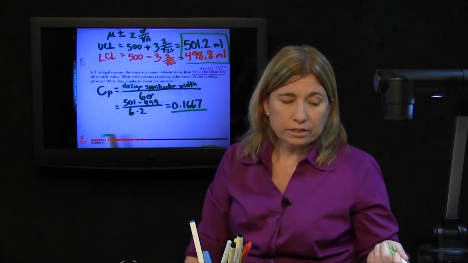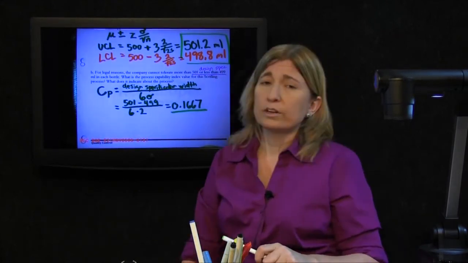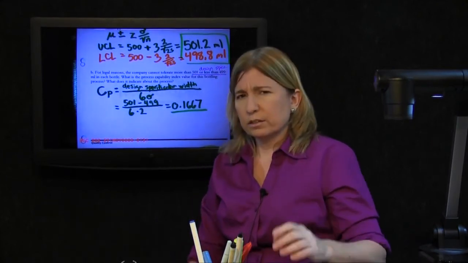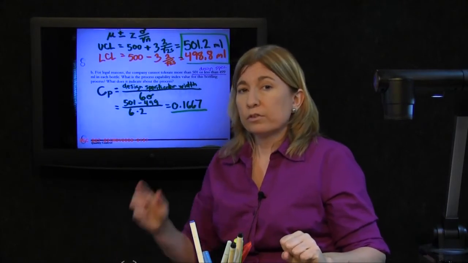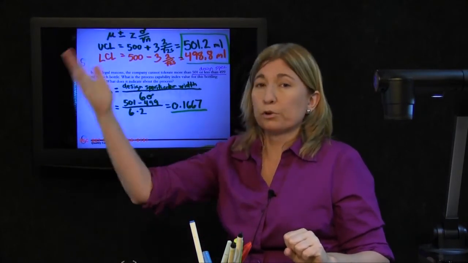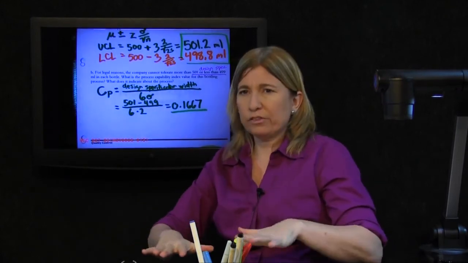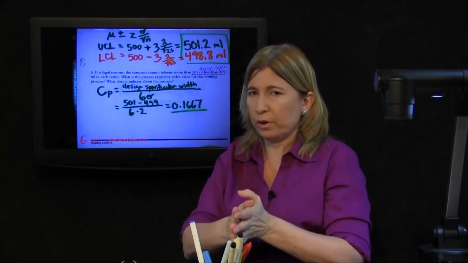They also ask, and this is important, what does it indicate? What do you do with a process capability index number? It's a signal. If this number, once you calculate it, is at least 1 or greater, ideally greater than 1, it is indicating that the process can support production. It can support the design specifications.